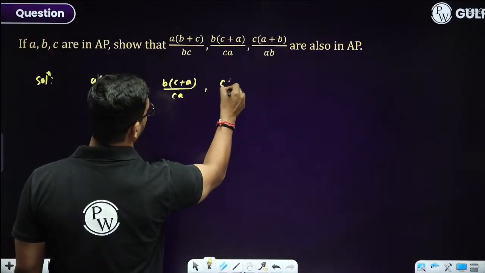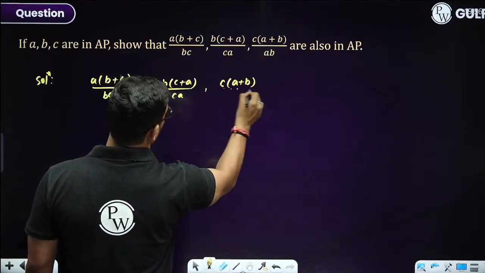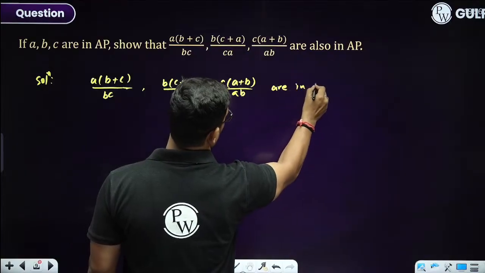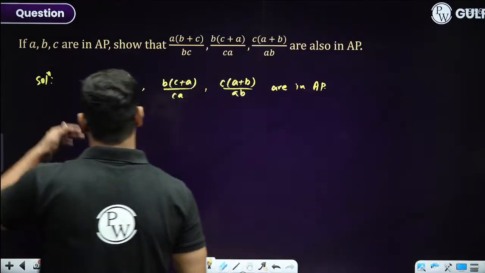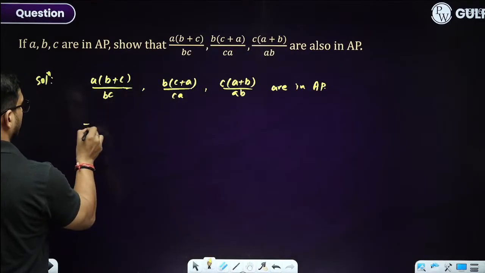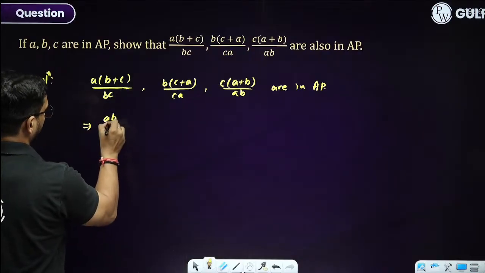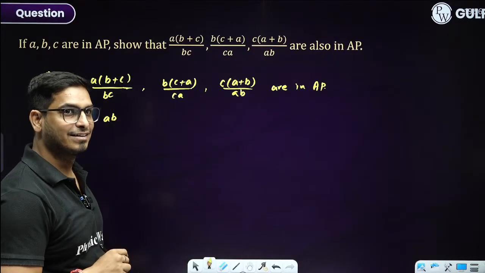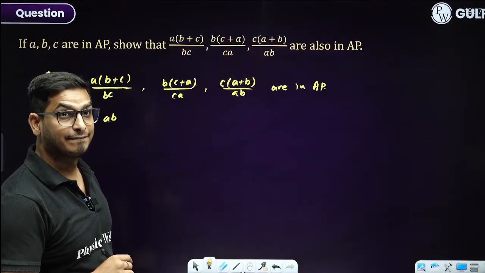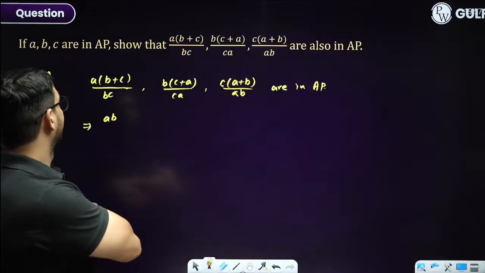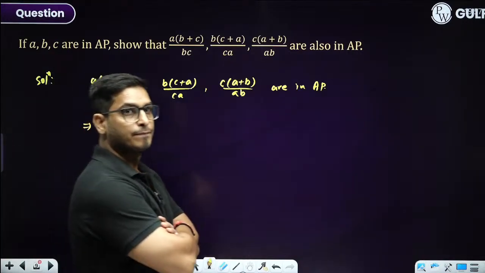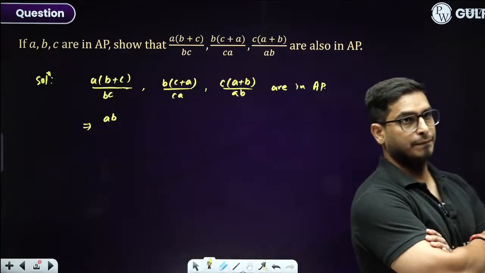Then we have C(A plus B) by AB are in AP. Okay. So guys, can we just multiply? Sir, for the first one, we can multiply A into B plus C by ABC. Then for the second, B into C plus A by ABC. When we cut, I think we can get it.